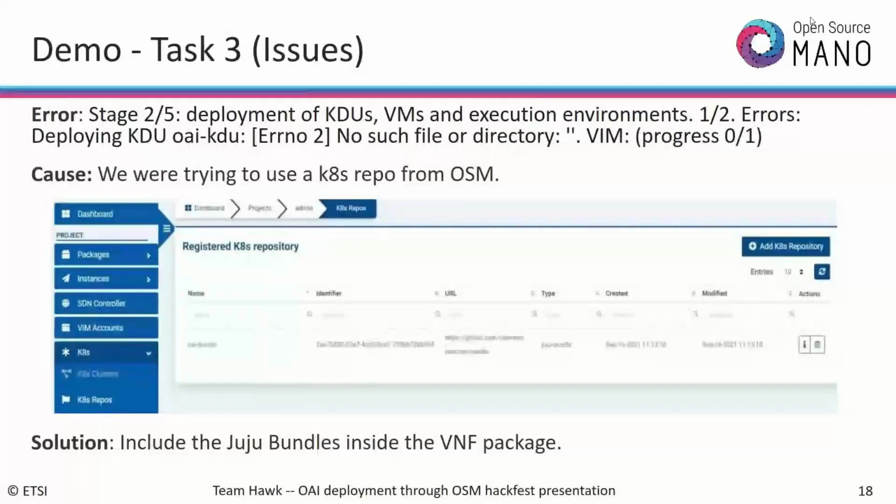Okay, here we present the issues we were facing while doing this task. First, we get this error, which basically means, well, what we think it means, is that OSM was unable to find the KDU bundles that we were defining in the VNF's descriptor.